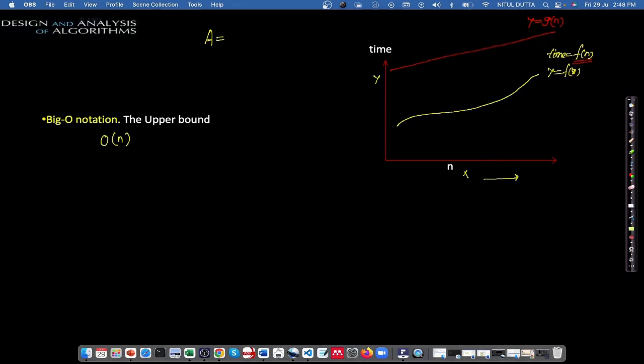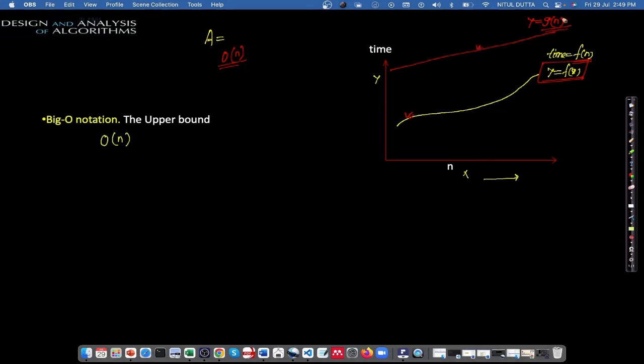Then we can see that the graph y equals f of n will never cross this graph y equals g of n. The big O notation of any algorithm also works in a similar way. So for the big O notation of this algorithm, we try to find another graph just above the given graph y equals f of n, such that y equals f of n will never cross that graph.